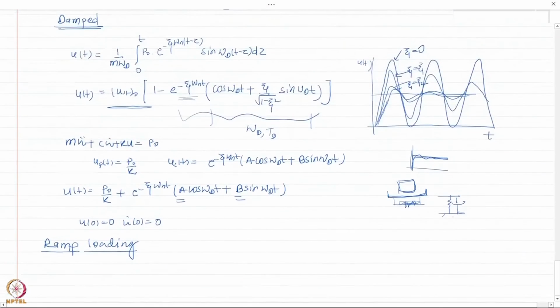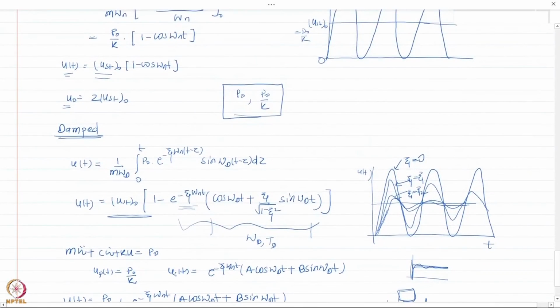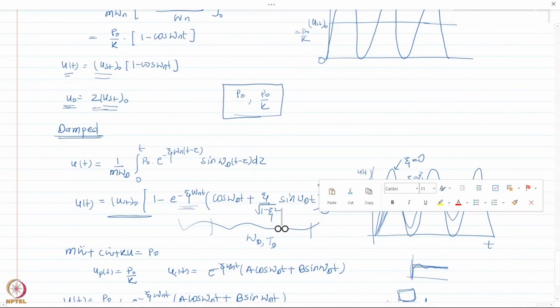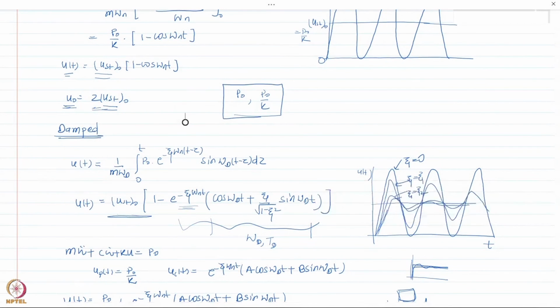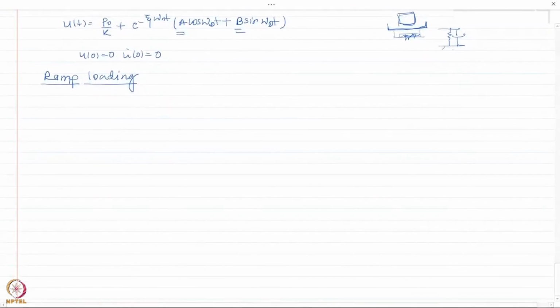Remember we said that if you apply this load as a suddenly applied step function, it gives you displacement which is twice the statically applied displacement. Now what do you mean when you say you apply it statically? One way to define it is that you apply the load so slowly that it does not produce a lot of dynamic effect, and to do that we apply ramp loading.